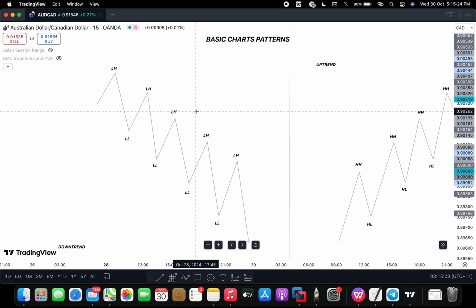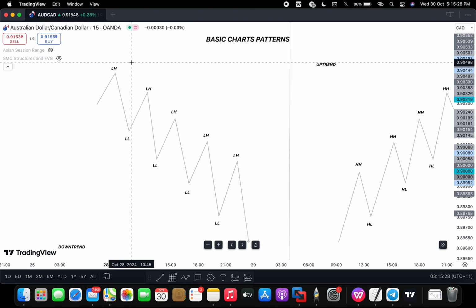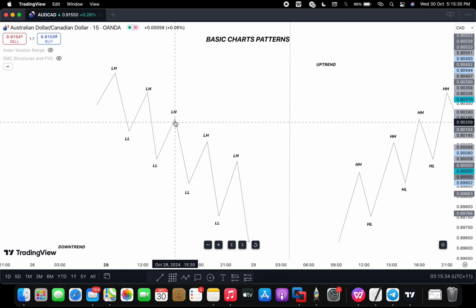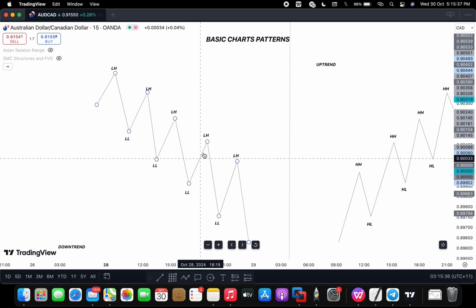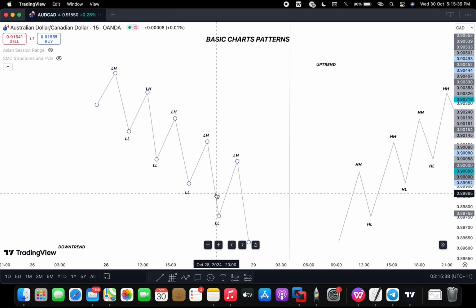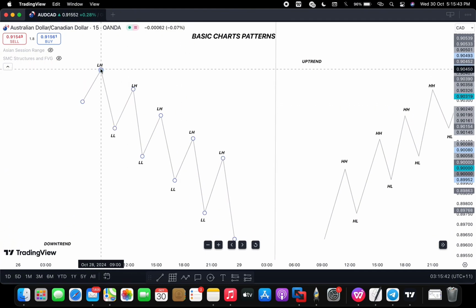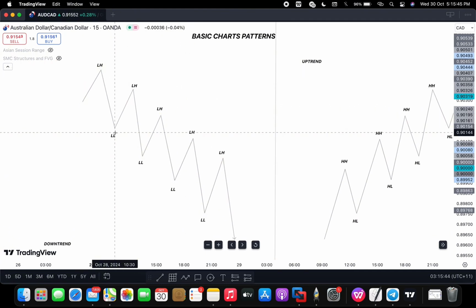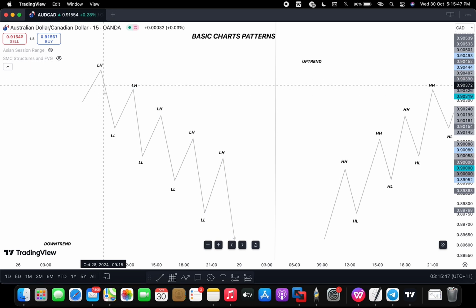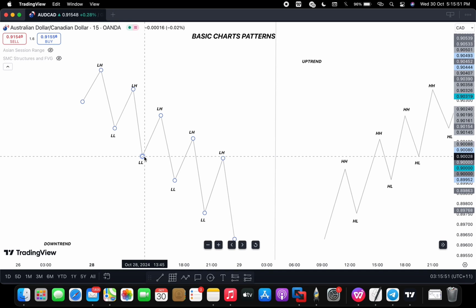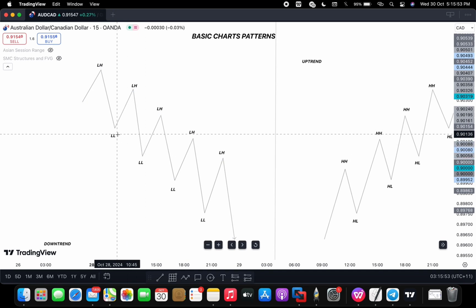A downtrend consists of a series of lower highs and lower lows, lower highs, lower lows, like that, like that, right? Why do I call this part a lower high and this part a lower low? Because this high is lower than this high, and this low is lower than this one.